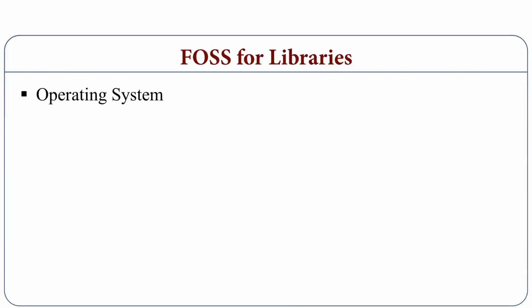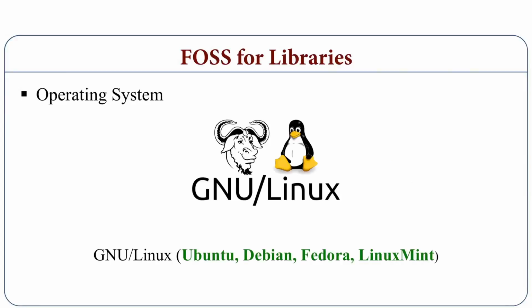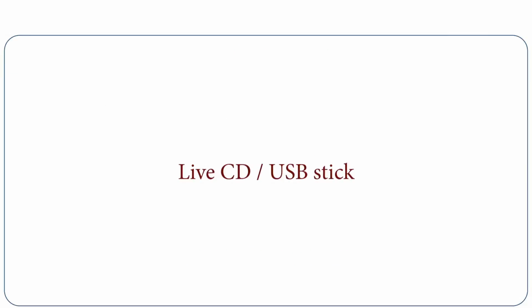Operating systems: Linux operating system is an option, where Ubuntu is right now the most used and most user friendly operating system. So the next component which I would like to talk about is live CDs or live USBs.